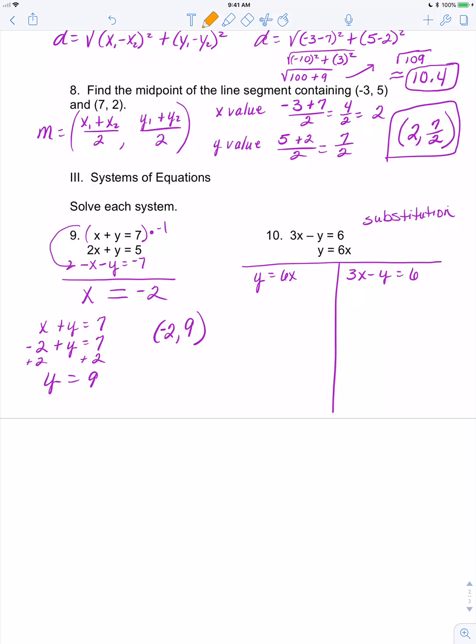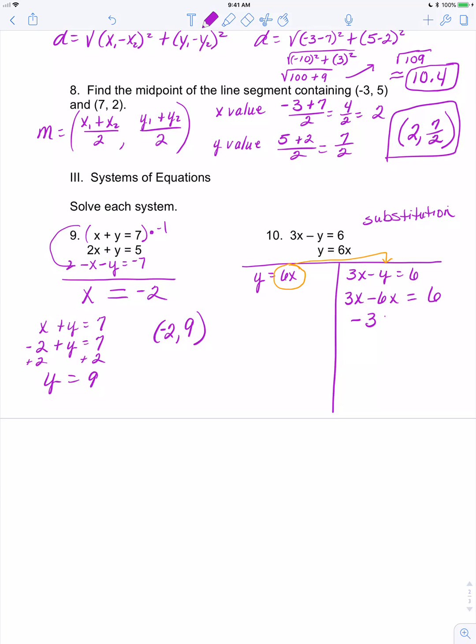So we know y is equal to 6x, and when we use substitution, we just say, well, if y is 6x, then we're going to stick that in the other equation for the y value, and then we're down to one variable, so we can solve. So we've got 3x minus y, but y is 6x, is equal to 6.